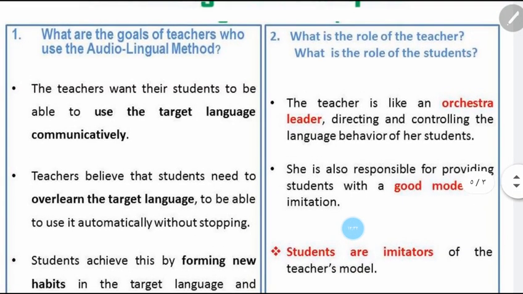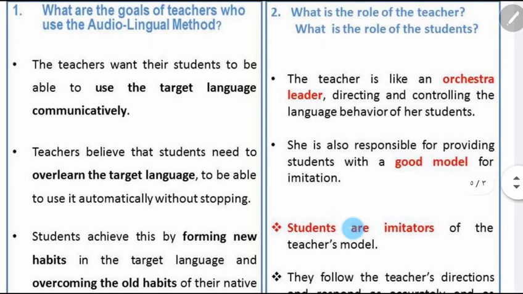Question number 2, what is the role of the teacher? What is the role of the students? The teacher, as we said, is an orchestra leader, able to direct and control the language behavior of her students. Second, the teacher is a model. He always models the dialogue for the students, models the drills, and models the pronunciation.